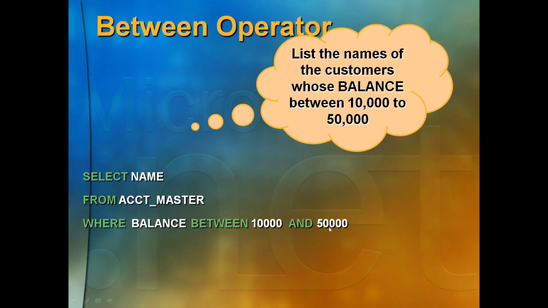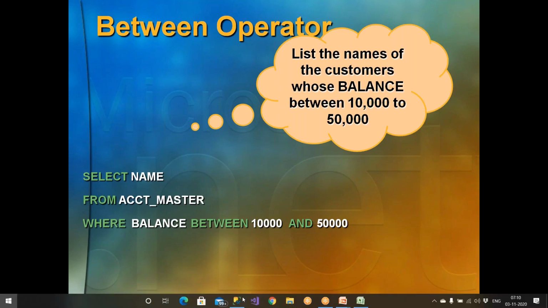The question is, does it take 10,000 and 50,000 as well, or does it include only the in-between values? That is also one more interview question. The between operator includes the lower limit, the upper limit and the in-between values. It is equivalent to less than or equal to, and greater than or equal to. Remember this point.